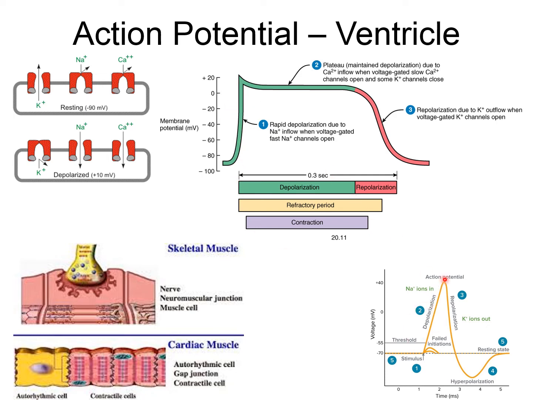And then in skeletal muscles and neurons, there is repolarization due to opening of potassium channels. In cardiac muscle there is also a little repolarization, due to opening of potassium channels. But potassium channels are slower channels, and there are also calcium channels present in cardiac muscle cells.